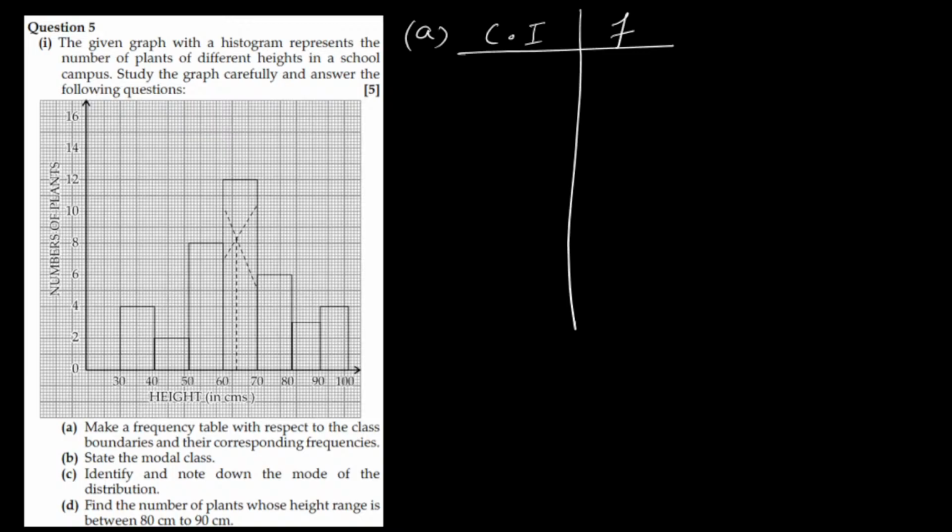You have to see the graph, and it's very simple to see the graph and write the frequency table. So what should be the first class interval? The graph is in front of you. I want to know the first interval.